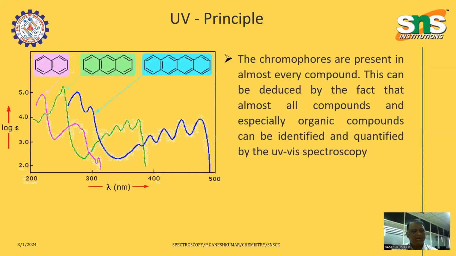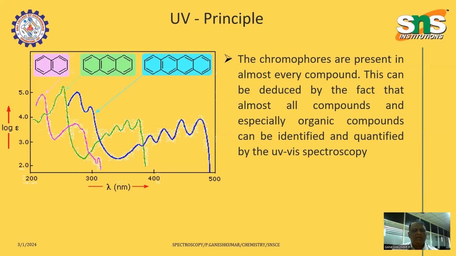A chromophore is a conjugated system of double bonds and single bonds, which has delocalized pi electrons due to the formation of pi bonds. The first compound you see is naphthalene: 1, 2, 3, 4, 5. So in these 5 regions we have a double bond. So the conjugation in the chromophore here is 5.